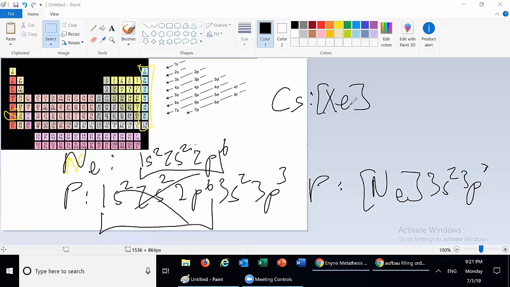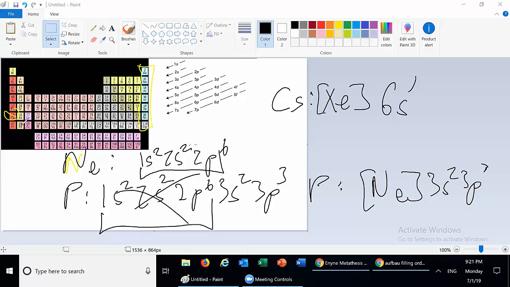And then remember, cesium is in the s block, so it's 6s1. I picked a bad example. So this is the 1s, then 2s, 3s, 4s, 5s, 6s, and 7s.